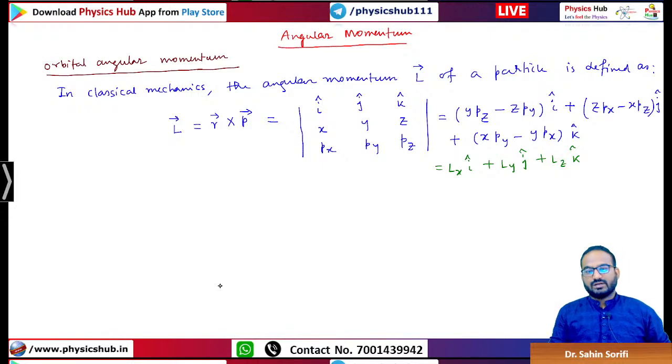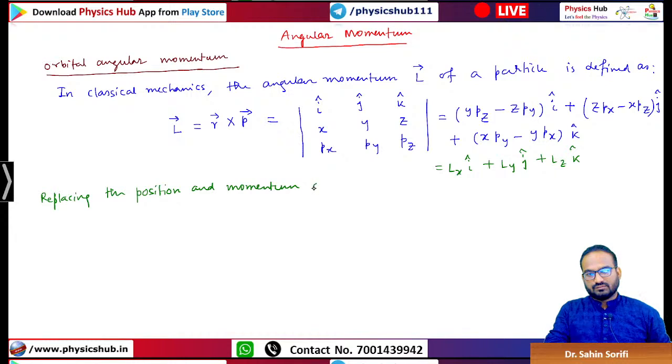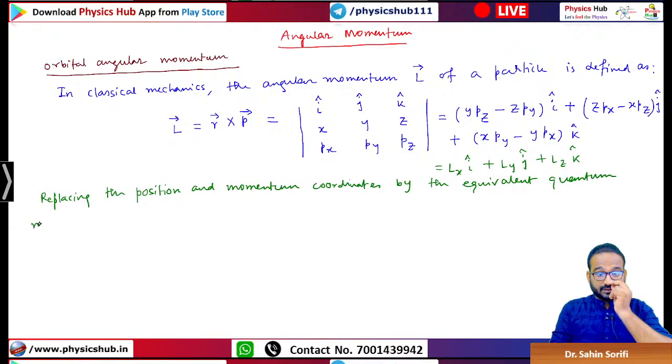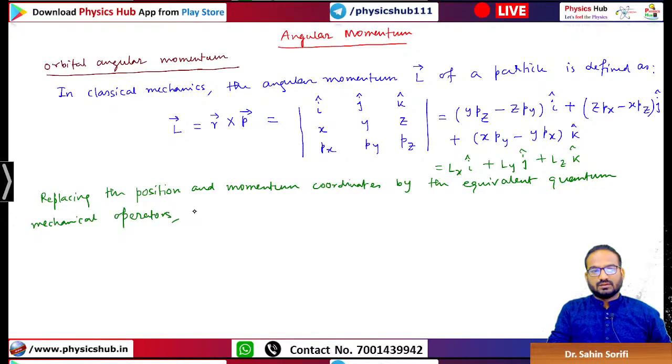Now if you want to switch to the quantum mechanical expression, you just need to replace the position and momentum by their corresponding quantum mechanical operators. What can we have?